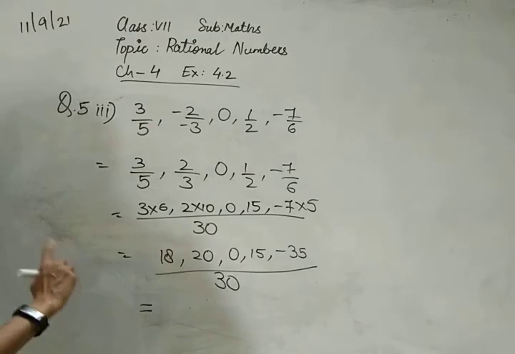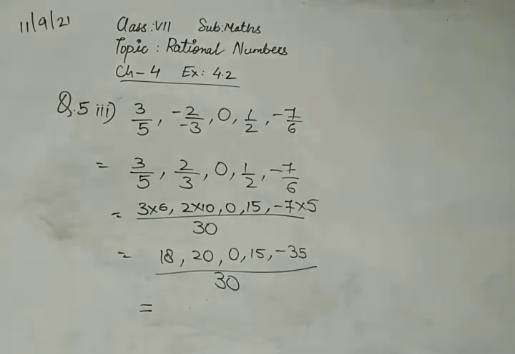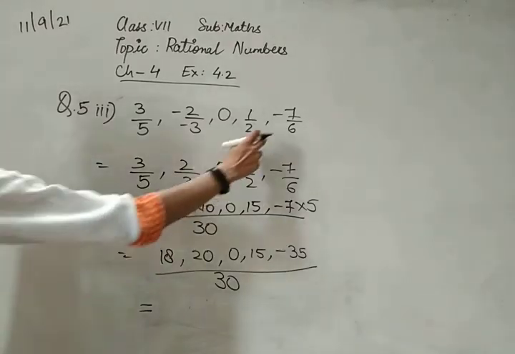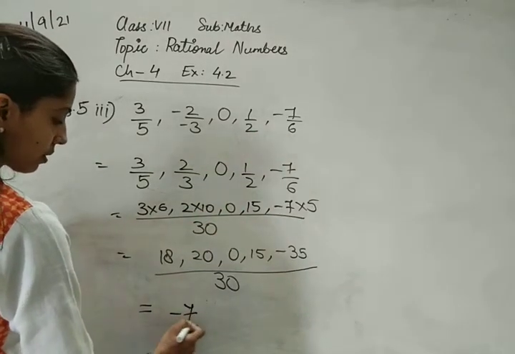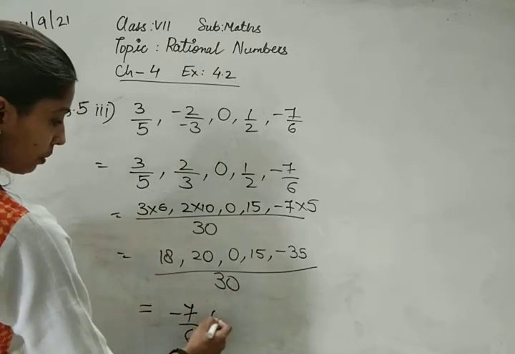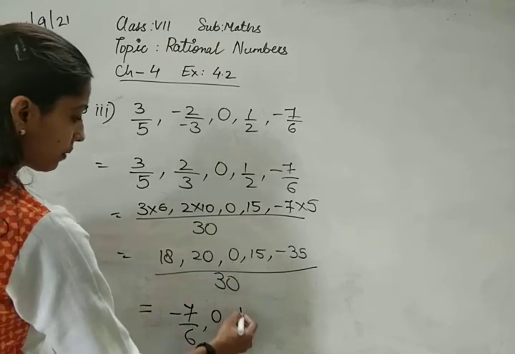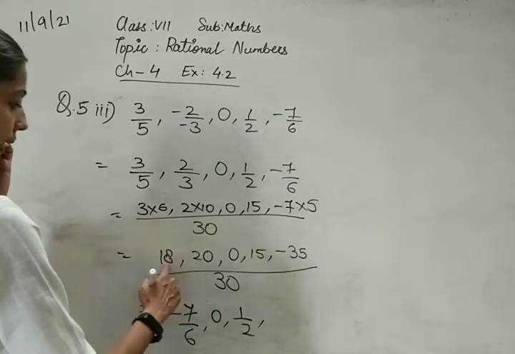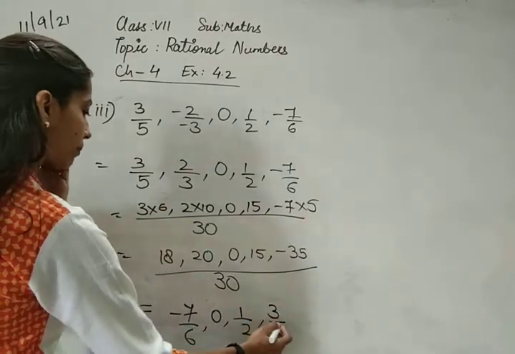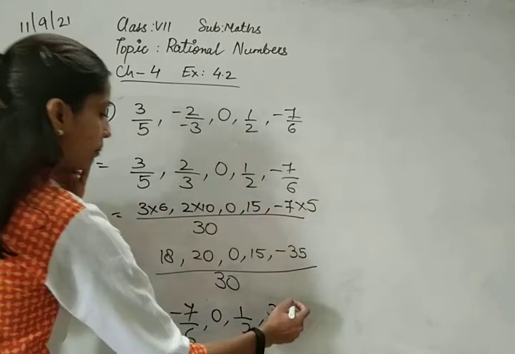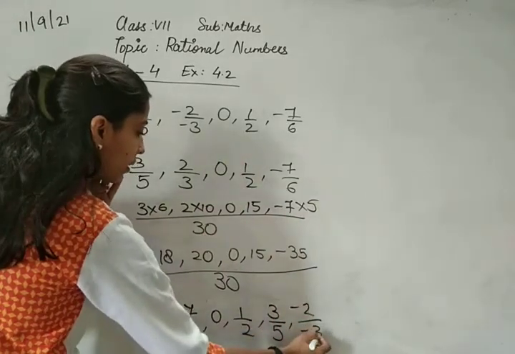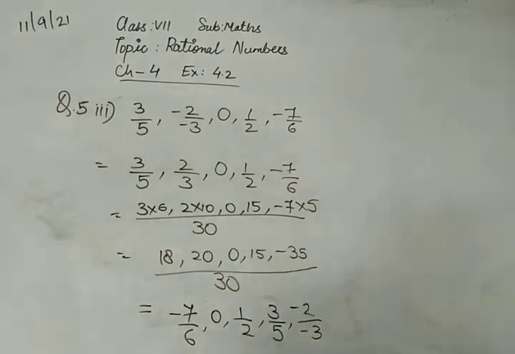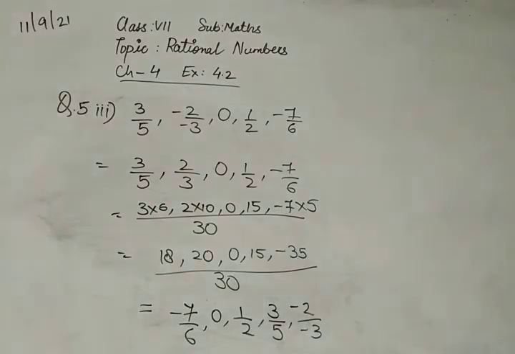Now you have to arrange it from smallest to greatest. The smallest number is this one, write it first, then 0, then 15, then 18, and then -2 by -3. You have to write it as it is given in the question.